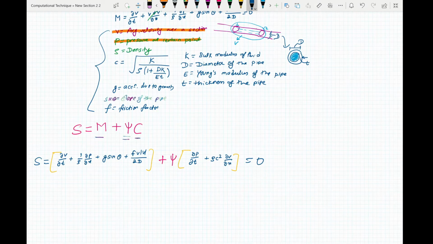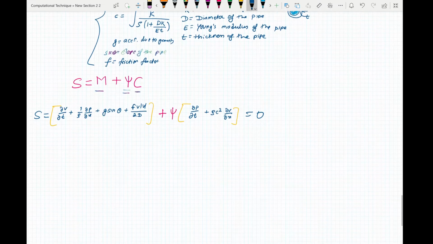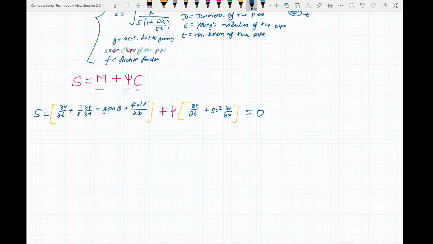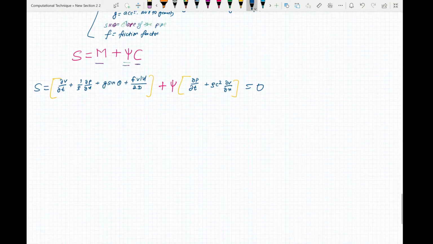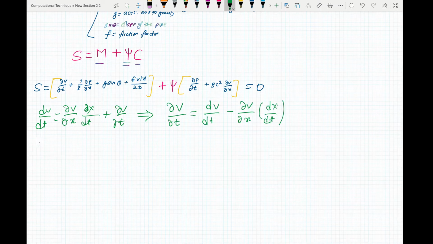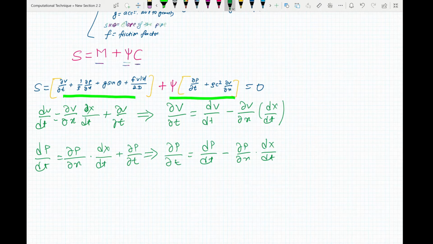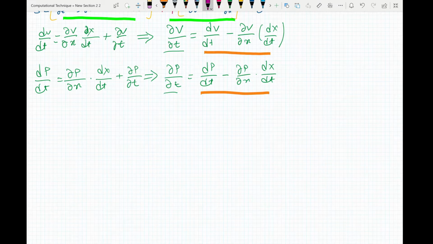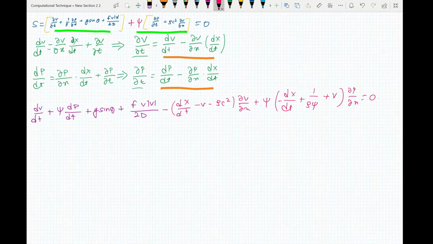What you will get will look something like this, and we have two equations which are the partial derivatives of, which implies, and now you can open these two and substitute del V by del T and del P by del T by these equations here. Then what you will end up with will look something like this.